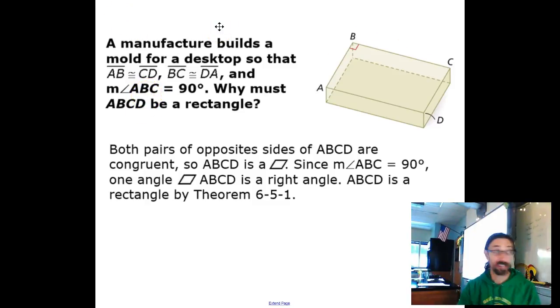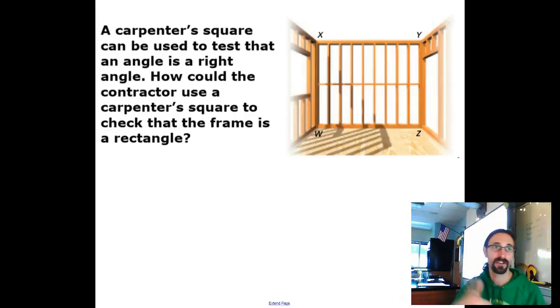Grace looked at this problem and said, doesn't that have to be a rectangle? Because my opposite sides are congruent, which means number one, it's a parallelogram. And number two, on that new theorem, if one of these angles is a right angle, then it has to be a rectangle. Very good, Grace.